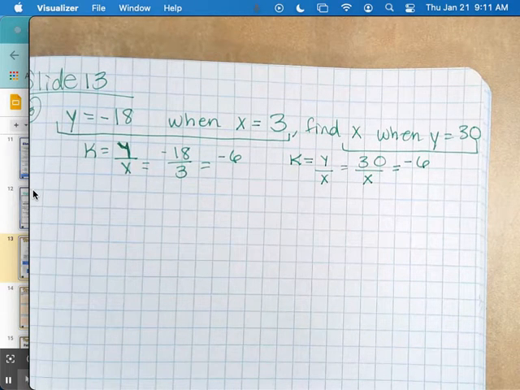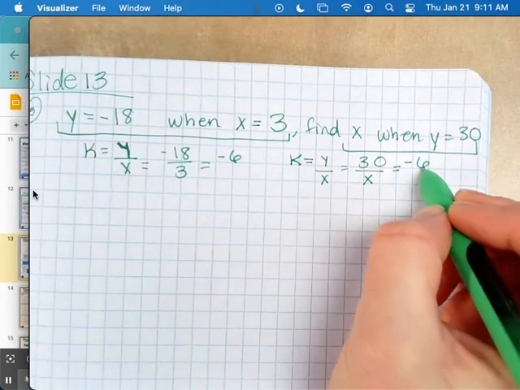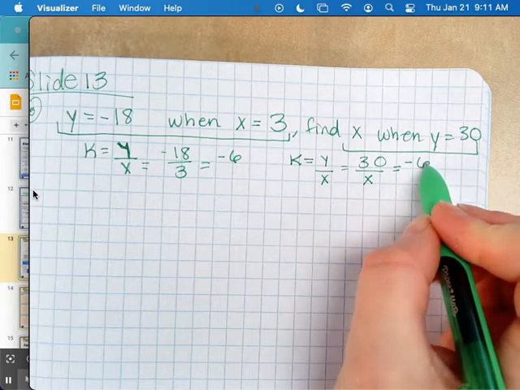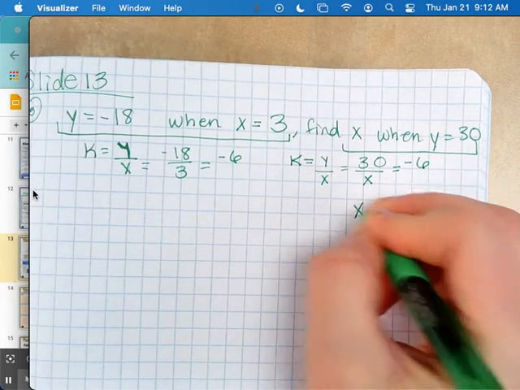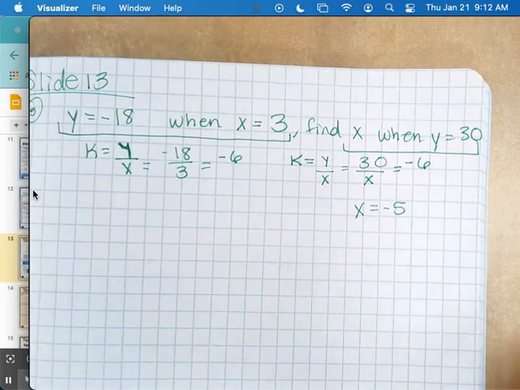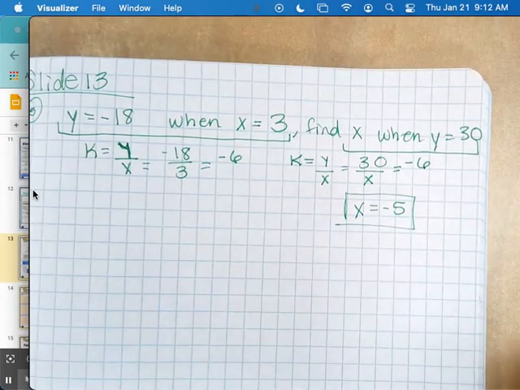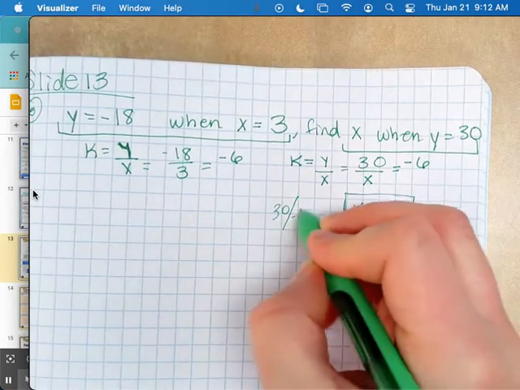So we need to find the value of x that makes it equal to that k value -6. So 30 divided by what gets -6? Yeah, -5. All we need to do is 30 divided by -6, and x equals -5.